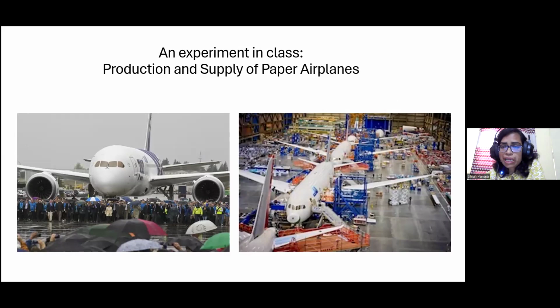Different parts of the plane are being manufactured, then they are combined together, then there is a specific technology used in this production process. Then there are a lot of other things which we go through before you put that plane up for sale in the market, right?